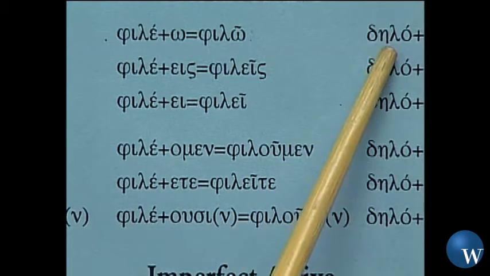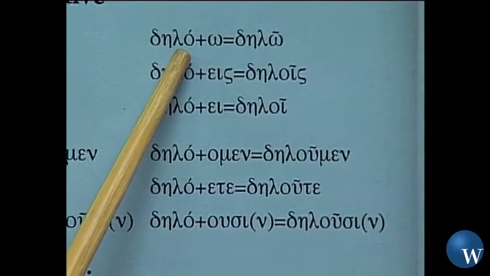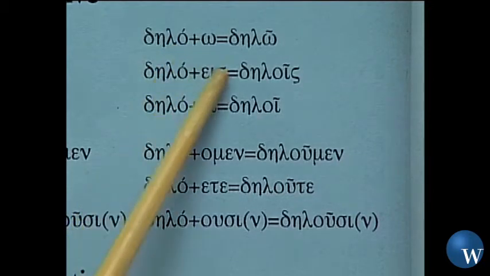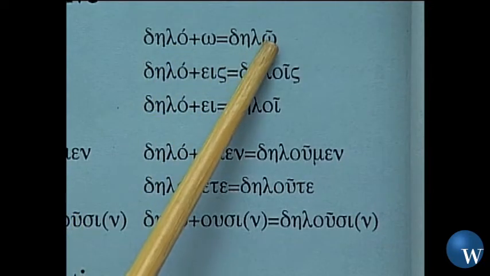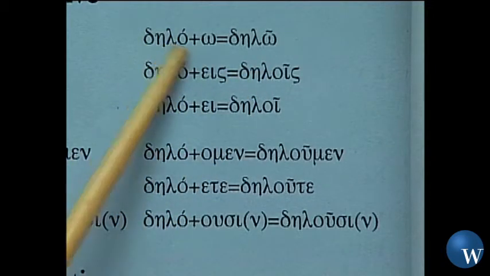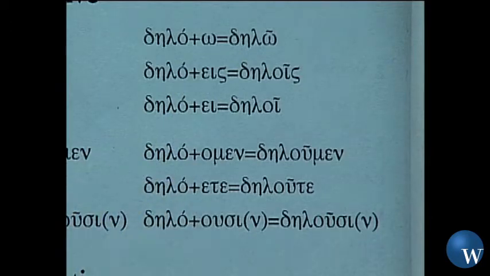Now, if you went over here, the same thing with regard to deloo, okay? You see the omicron there. And what ends up happening, it drops out, and the omega is lengthened with stress on that. See here, our stress was here. Now it's going to be on the end, and so forth.